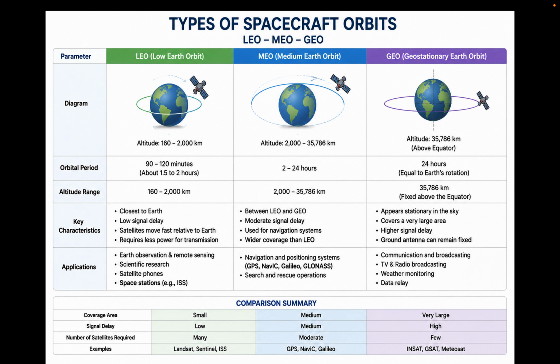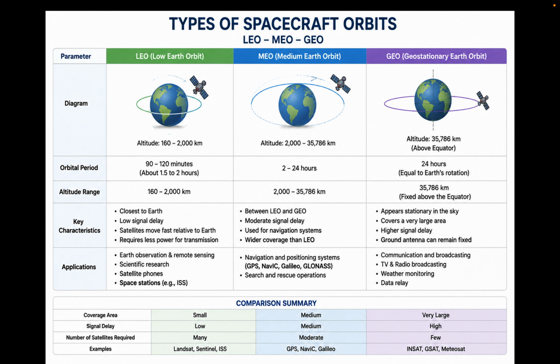These orbits have moderate signal delay and are used for navigation systems, with wider coverage than LEO, because as the LEO satellites are very close to the Earth, the coverage area is less. But as the medium Earth orbit satellites are a little far away from the surface of the Earth, as the altitude increases, the coverage area also increases. In that way, medium Earth orbits have more coverage than the low Earth orbits.